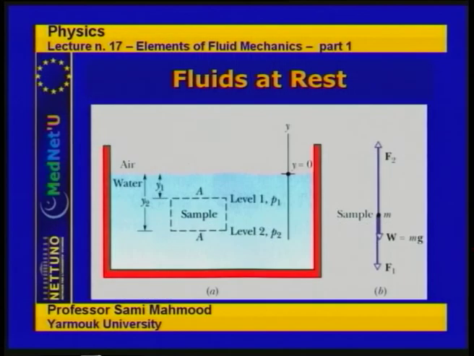So the free body diagram of the sample is this to the right of the figure in B, where we see that the fluid influences the sample by pushing on the lower base at y2, pushing it upward by a force F2, and there is another force pushing on the upper base of the cylinder, where the fluid pushes it down.